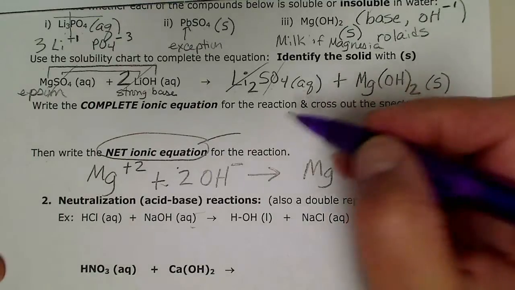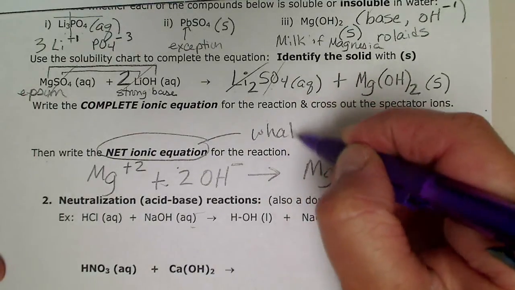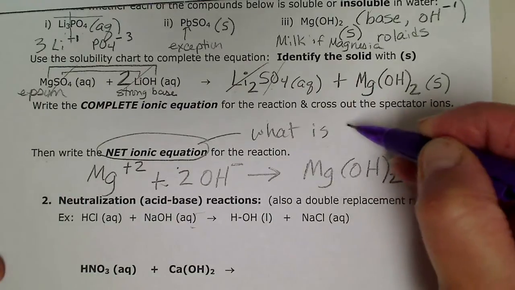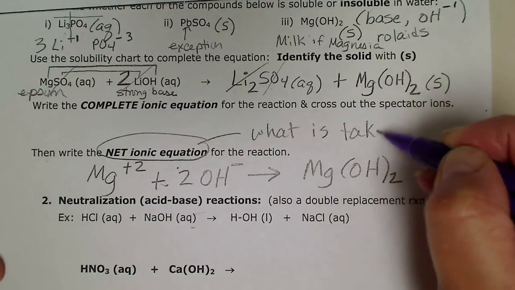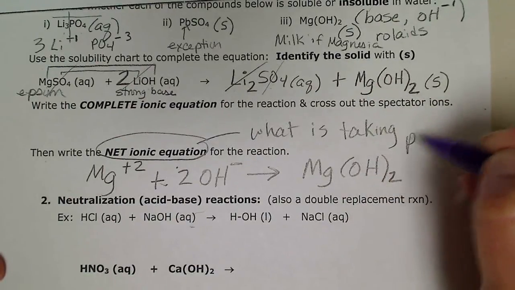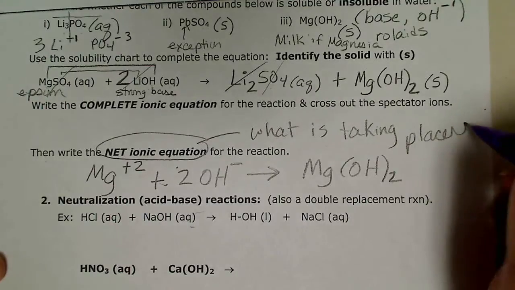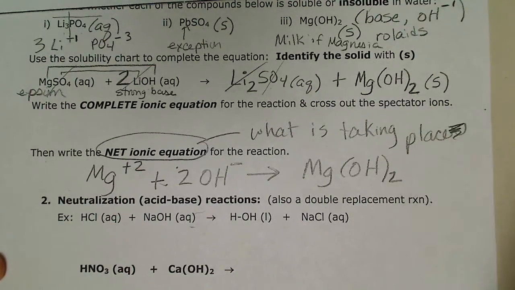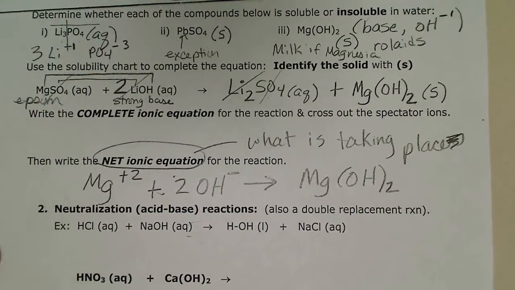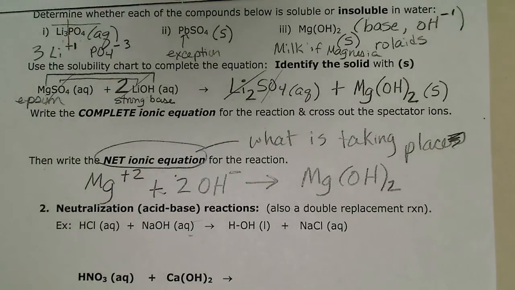So the net ionic equation is what is actually taking place in the beaker. Spectator ions stay in solution, so they don't combine with other metals or nonmetals.